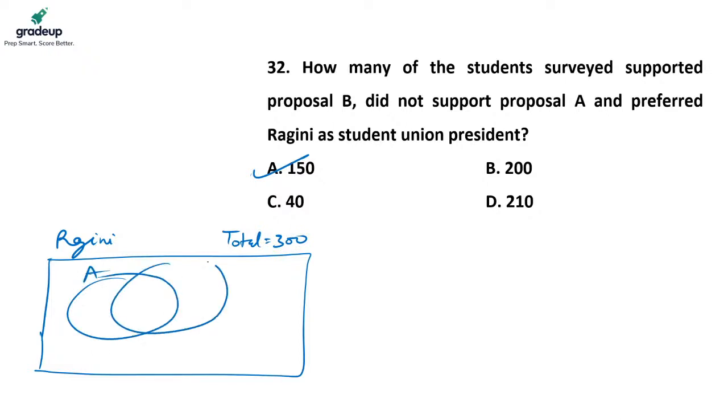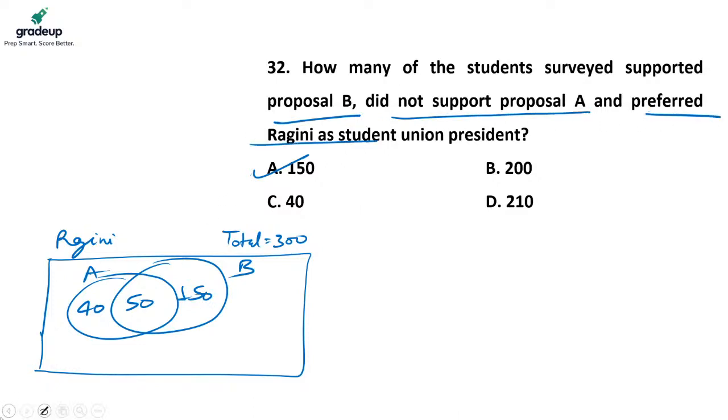A, B: this was 40, this was 50, this was 150. So they are saying those who supported B, did not support A and preferred Ragini. So here, our answer is simple. This value, 150. That's our answer. Option number A. I hope it is clear, guys. Okay. Done.